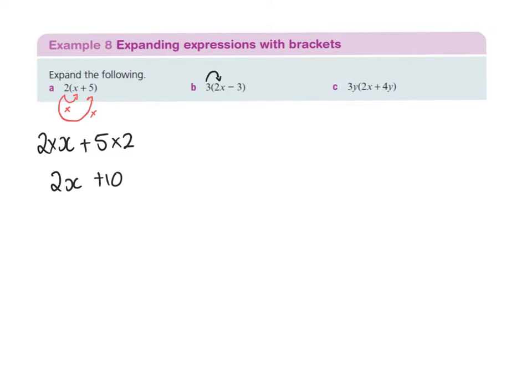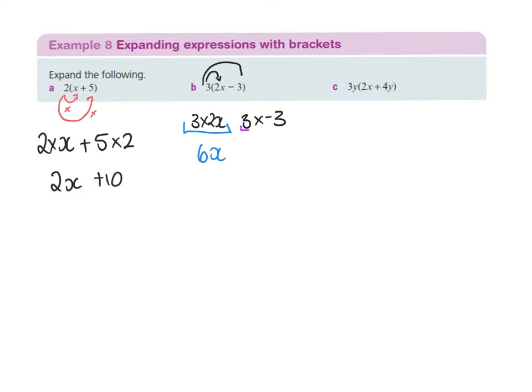We've got to do 3 times 2x. Then I've got to do 3 times negative 3. Okay, so let's do this bit first. What is 3 times 2x? Remember what we said? We have to multiply the numbers and then put the letters in there. So that would be 6x, good.